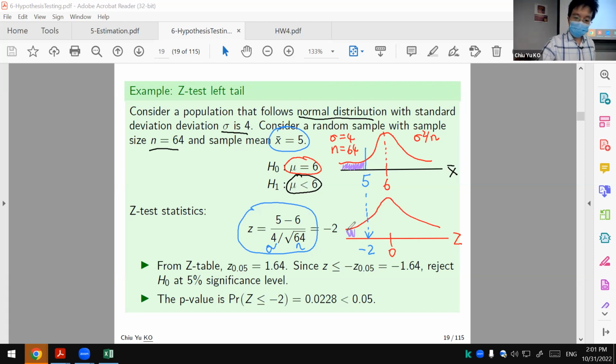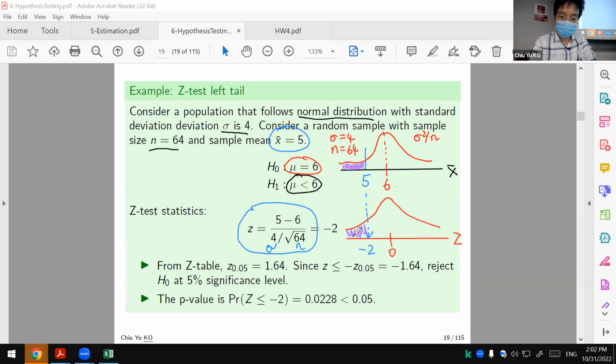Look at this area. If this area is less than 5% or not, if less than 5%, bye-bye. Not bye-bye to this class, bye-bye to the hypothesis. So how can you do this? Excel is very simple, it always gives you the left area.